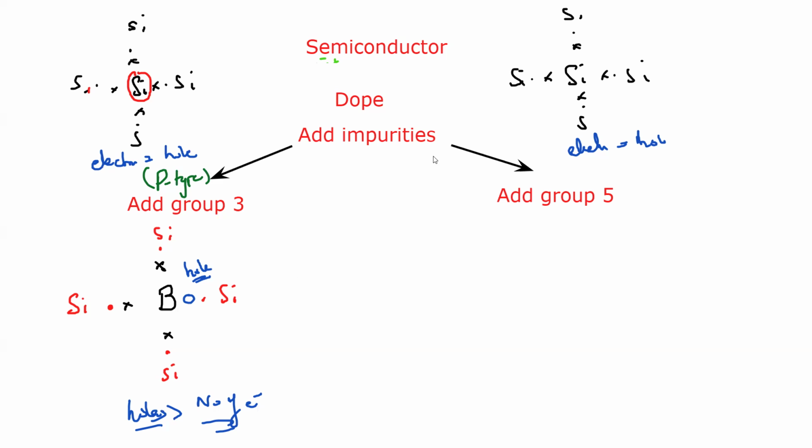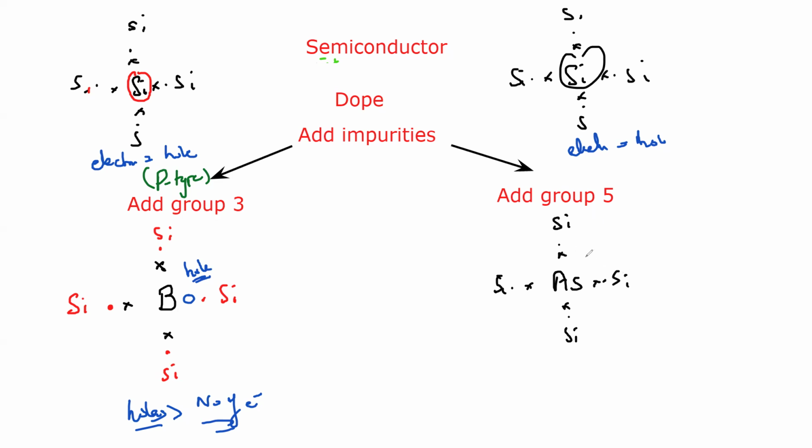But what happens when we add a group 5 element, say arsenic or phosphorus, removing silicon and adding arsenic? This silicon will form a bond, this silicon will also form a bond, and this silicon will also form a bond.